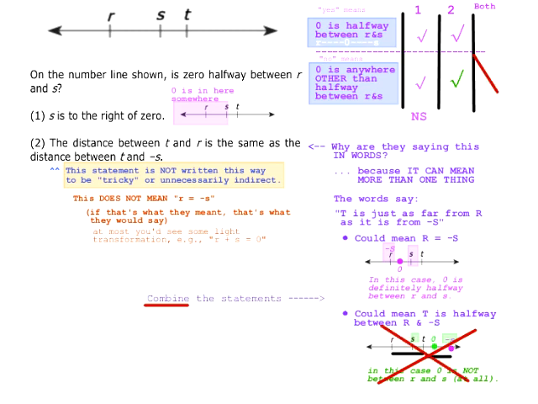And it leaves you with only the first one. So this is sufficient. So C, like cat.